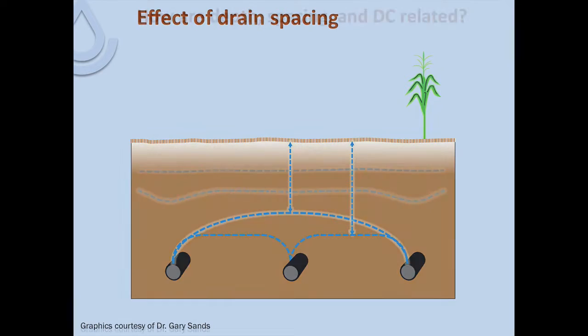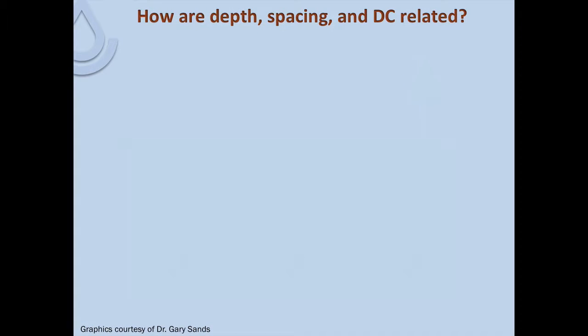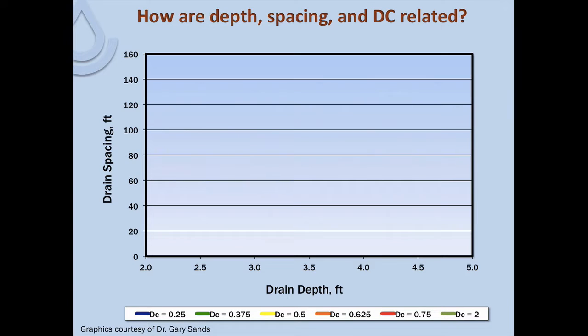Now looking at how drain depth and drain spacing all relate together to get to drainage coefficient. It will depend on the soil type, but for a soil type, if we know the soil properties, we can come up with any combination of drain depth and drain spacing to get a desired drainage coefficient.